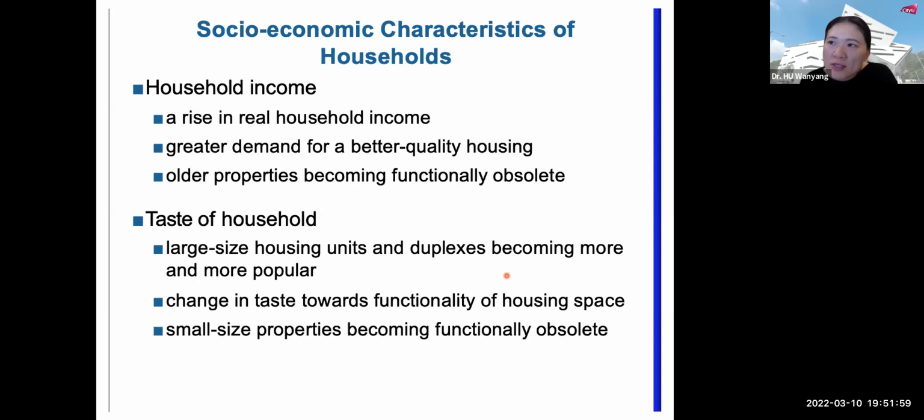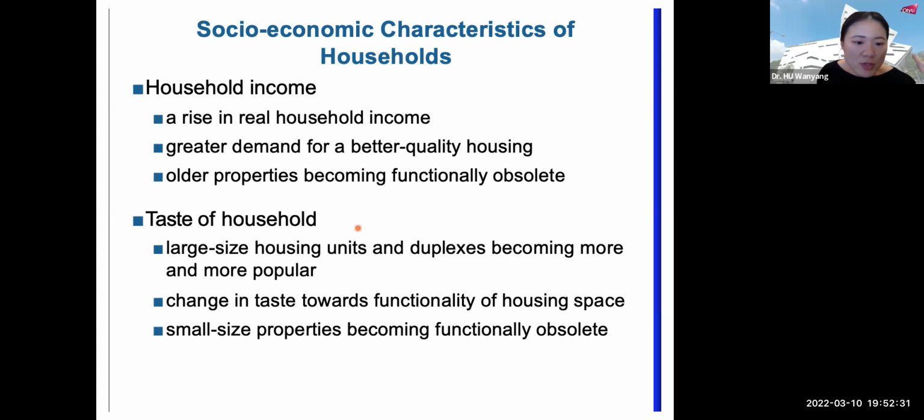For example, household income, which we have mentioned previously. An increase in household income will increase the depreciation rate, because old properties very easily become functionally obsolete. When people get richer, they have a greater demand for better quality housing, so the older property will become less attractive and functionally obsolete.